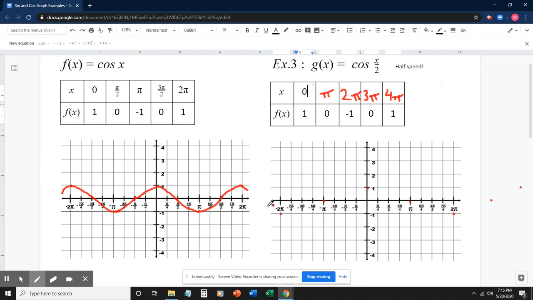So this is now one incredibly slow wave that we're looking at. Okay, so it's spread out way slower, half speed. Okay, so if you want to slow one down or speed it up, it all happens in there. And those are the horizontal transformations and the end of transformations of trig graphs.